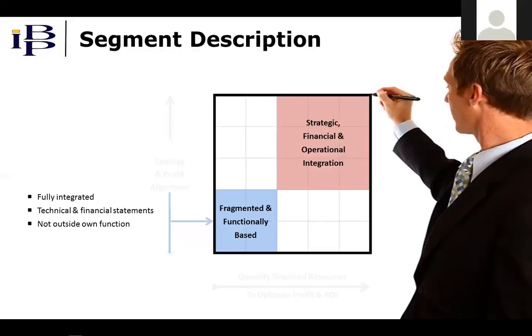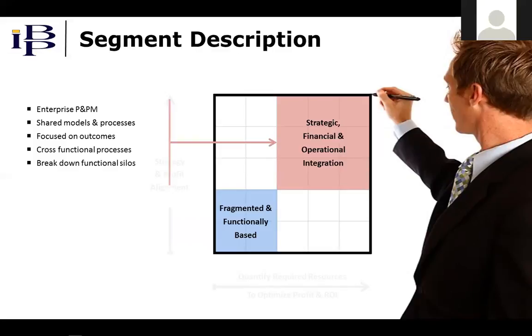Especially in the financial world, what they're really describing when they say fully integrated is technical integration, integrating financial statements. They're really not talking about things outside their own function. As opposed to what we're going to be talking about today in terms of more mature and integrated systems, which are more enterprise-wide, shared models and processes, focused on outcomes, with cross-functional processes that break down silos.